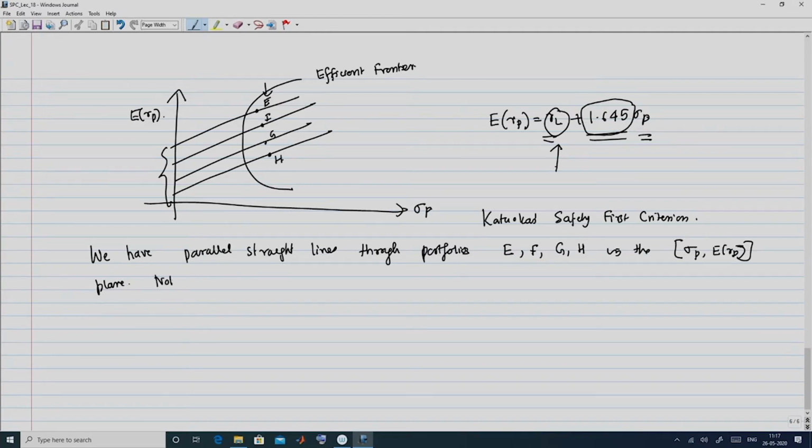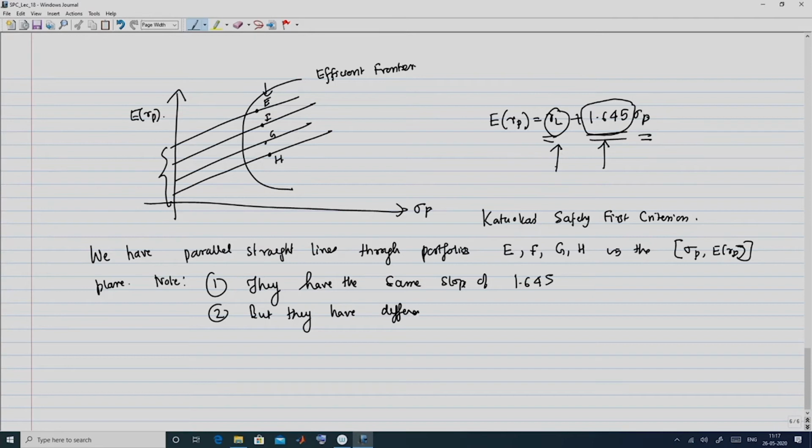Note the following: first, they have the same slope of 1.645, but they have different intercepts.